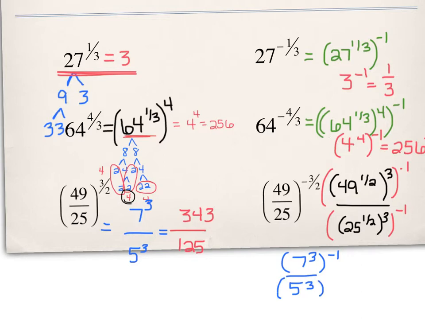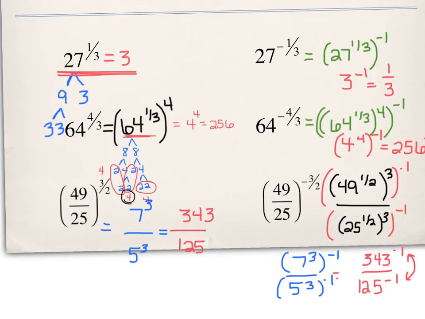And all those negative 1s are going to do is take this answer and move it to the bottom and take this answer and move it to the top. So you would get, just like before, 343 with a negative 1, and 125 with a negative 1, which again is going to make these flip-flop.